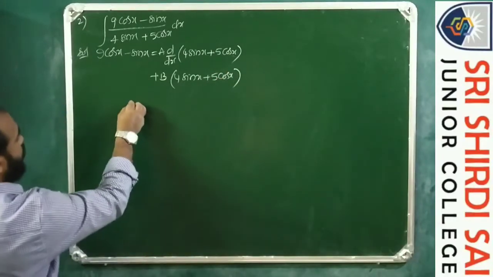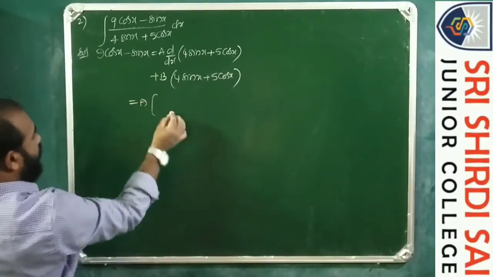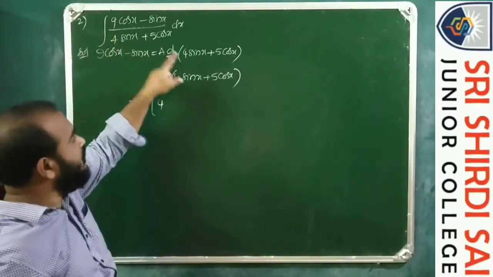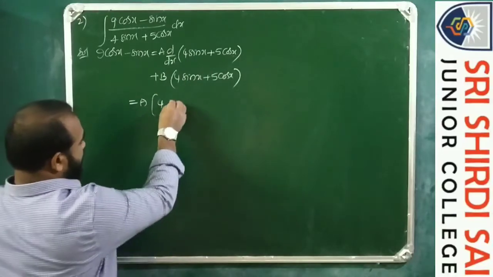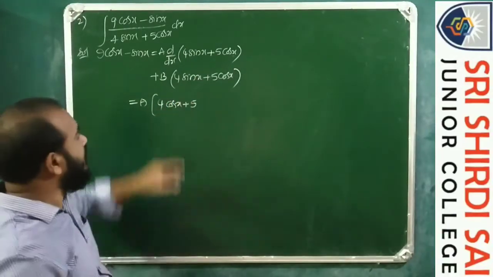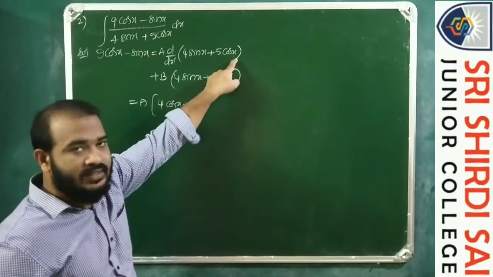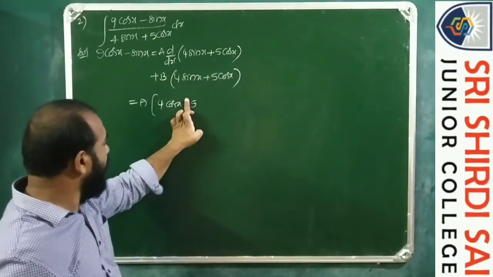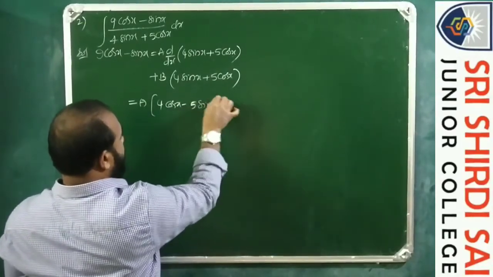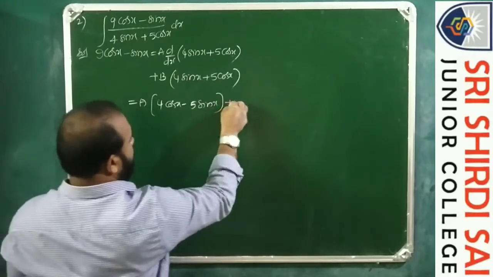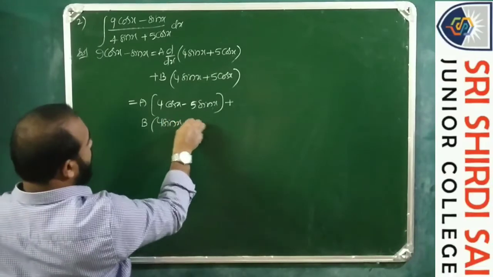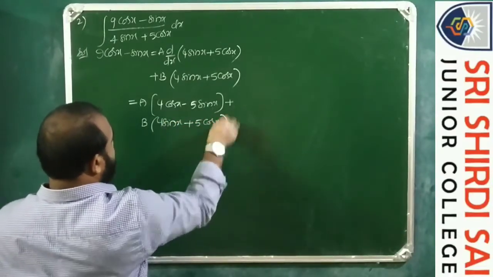So this is equals to a into 4 separated from the process of differentiation, d by dx of sin x is cos x, plus 5 separated from the process of differentiation, d by dx of cos x is minus sin x, so this is minus sin x, plus b into this is 4 sin x plus 5 cos x.